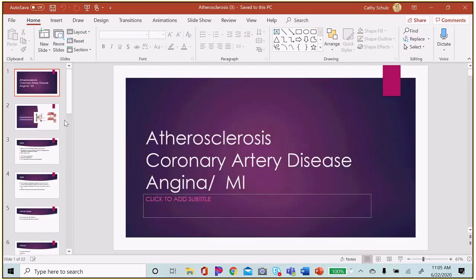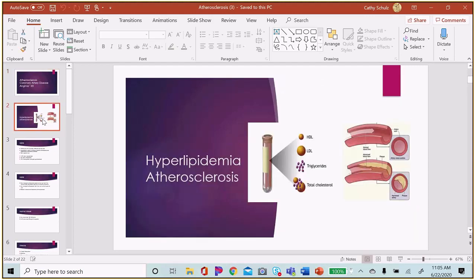So atherosclerosis, coronary artery disease, angina, and MI. Having cholesterol buildup in your blood vessels is a huge risk factor for angina and myocardial infarction.